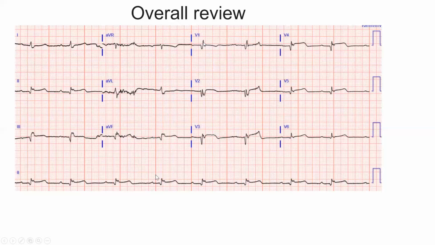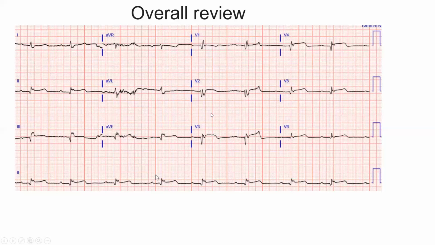Although the QRS duration is normal, there's a notch in V1, which means the patient has an incomplete right bundle branch block. We can also see that the patient has ST elevation in leads 2, 3, aVF, and V2 to V5, which means the patient may have an acute myocardial infarction in the right coronary artery and the left anterior descending artery.